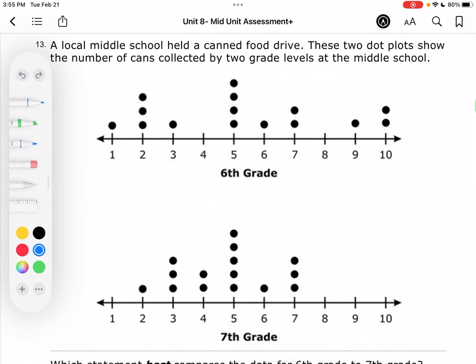1, 2, 3, 4, 5, 6, 7, 8, 9, 10, 11, 12, 13, 14, 15. So that's our middle dot because we have 7 dots before and 7 dots after. So that means 1, 2, 3. Oops, no. 1, 2, 3. Okay, so 7 minus 2 is 5, so that would be our IQR.